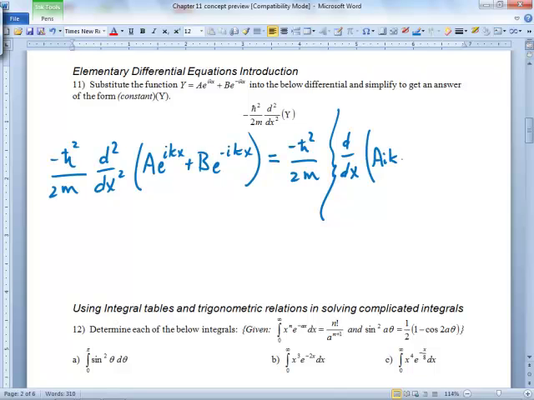It'll look easier to take the next one. Otherwise, I have to have all these parentheses and stuff. Take the derivative of the second component would be what? Yeah, minus bik e to the ikx.